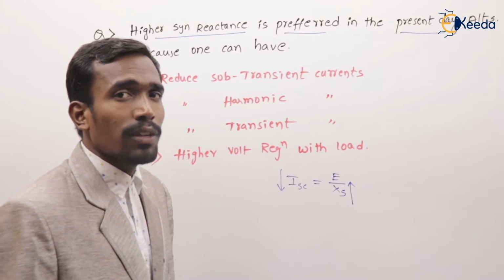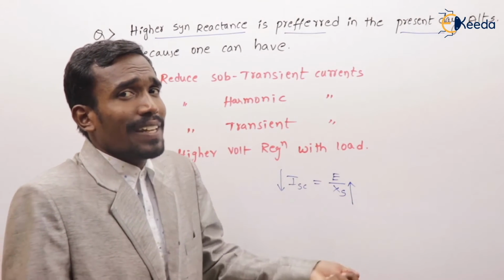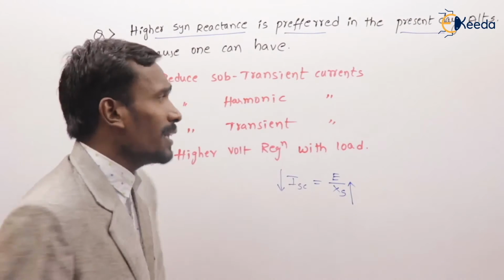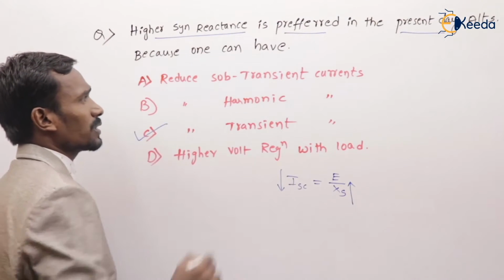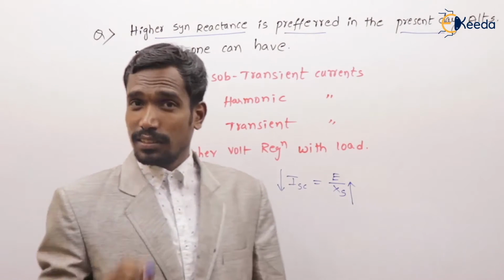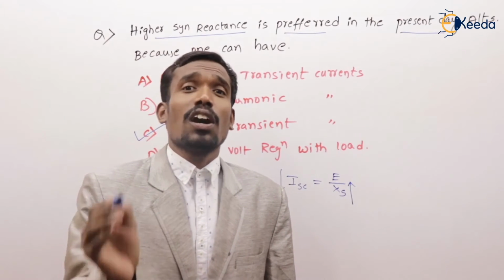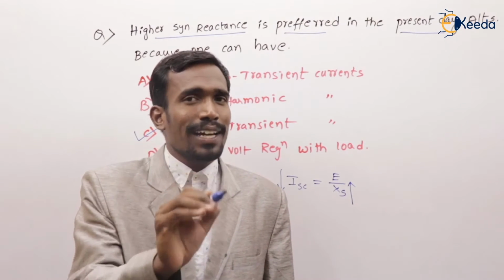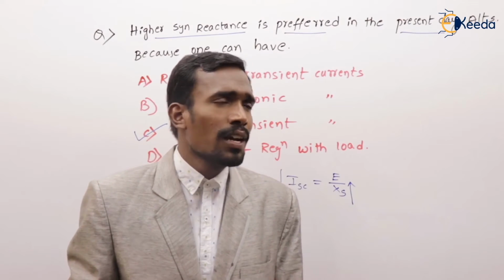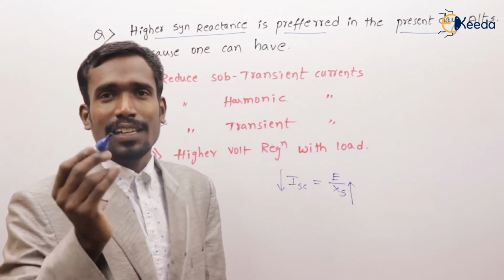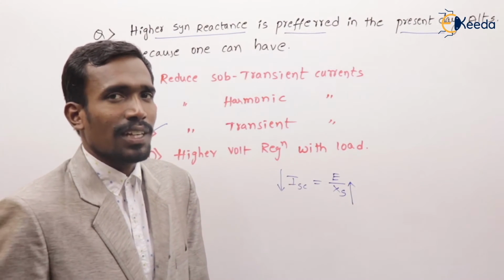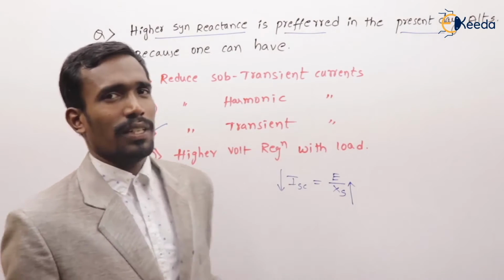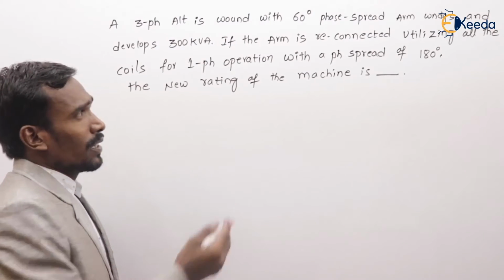So why are we using high synchronous reactance or high synchronous impedance? In order to reduce the transient currents. That's why nowadays for alternators we are using a high reactance or high impedance. This is our answer. Let's see the next question.